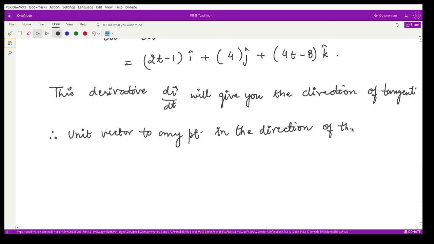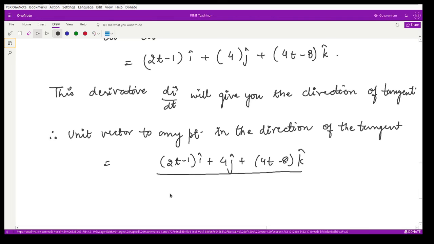Direction of the tangent, this thing is equal to the vector 2t minus 1 i cap plus 4 j cap plus 4t minus 8 k cap. So this vector, when you divide by its magnitude, how do you obtain the magnitude? Square root of this first quantity is whole square, so 2t minus 1 whole square, plus the second quantity is whole square, and then the third quantity is 4t minus 8 whole square.